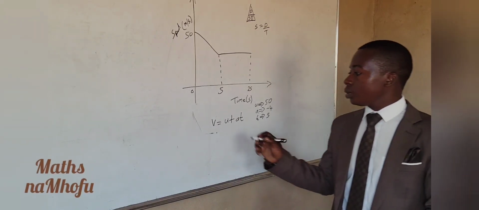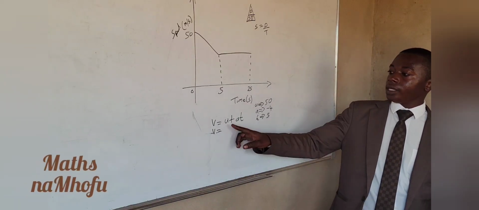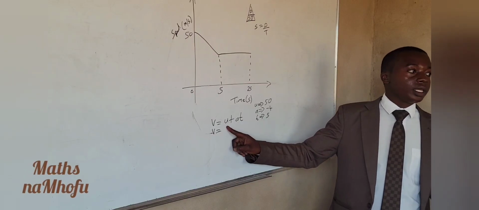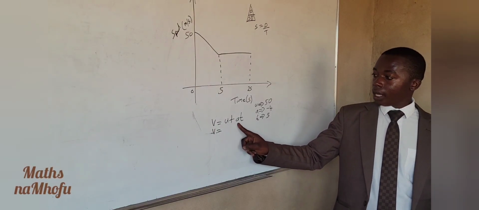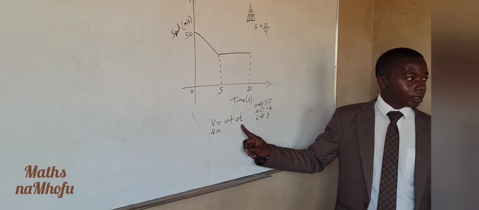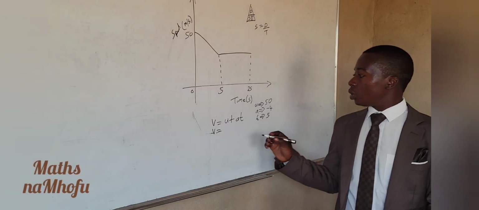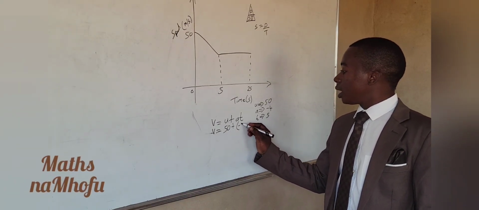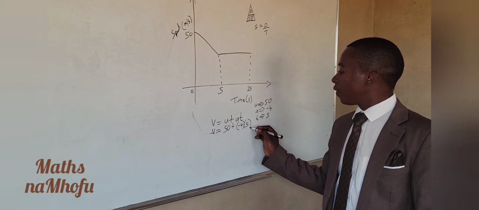So let's switch into our formula. V equals U plus AT. U is the initial speed, A is acceleration, and T is time. So U is 50, plus A, which is negative 4, and T is 5.